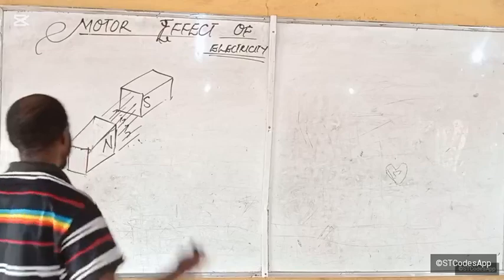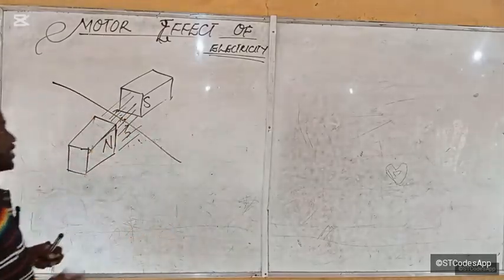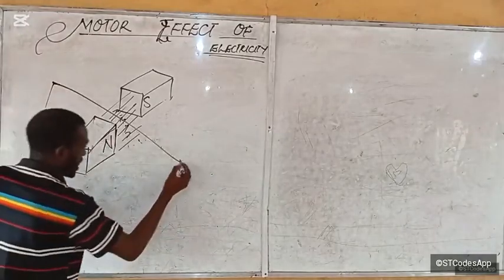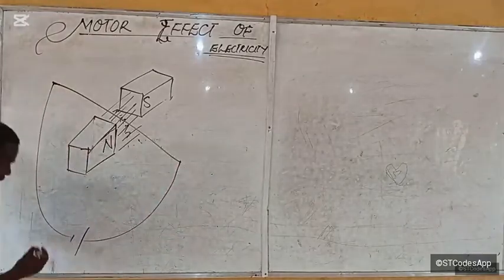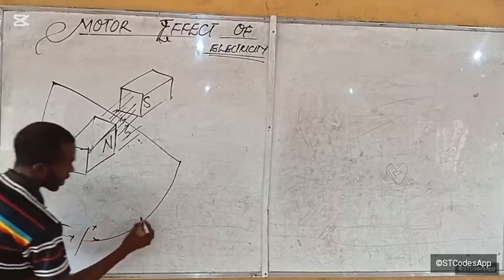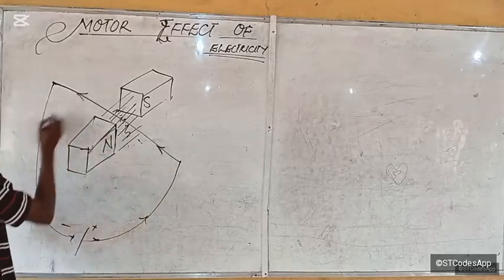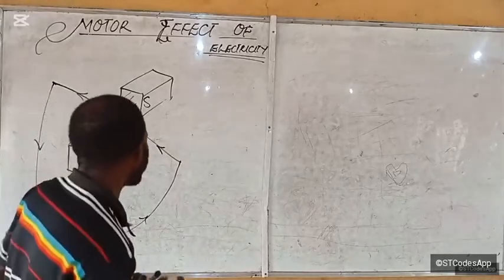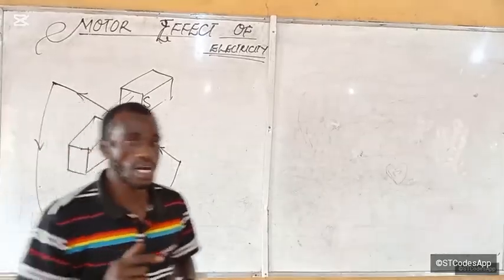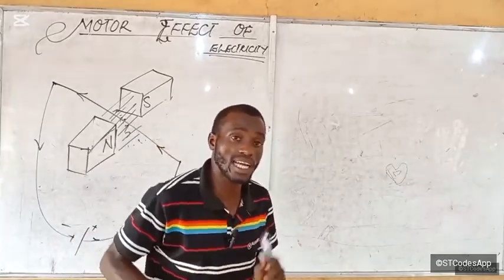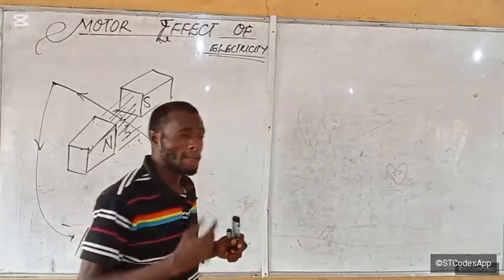If I now put a wire that is connected to an electric source, with positive and negative, it means that current is flowing in this direction, right? Current is going like this. You already know from the first right-hand rule that a current carrying conductor has what?